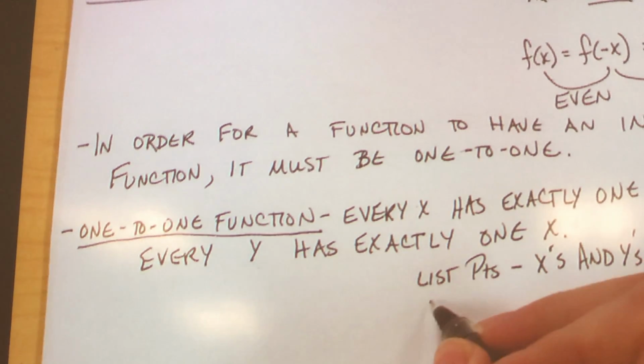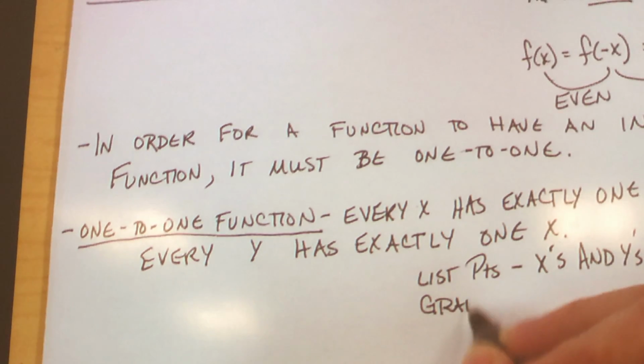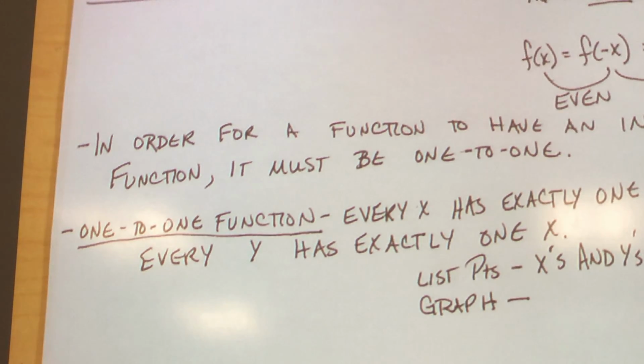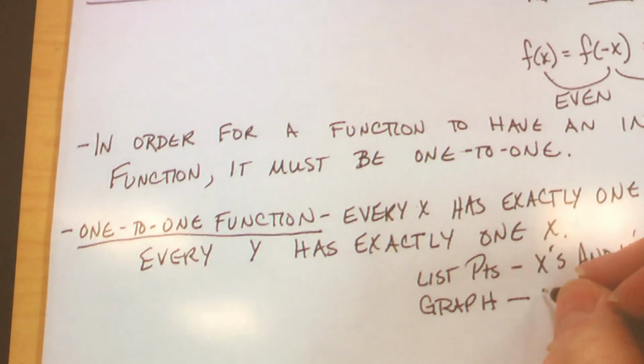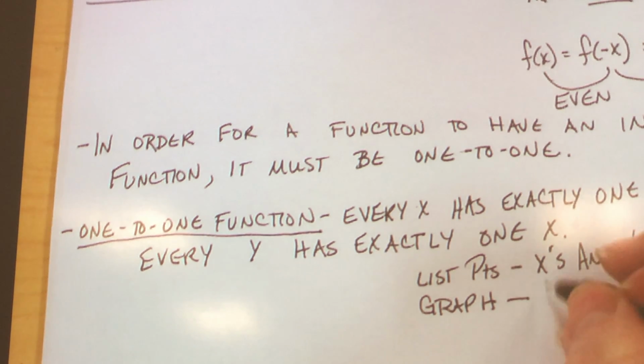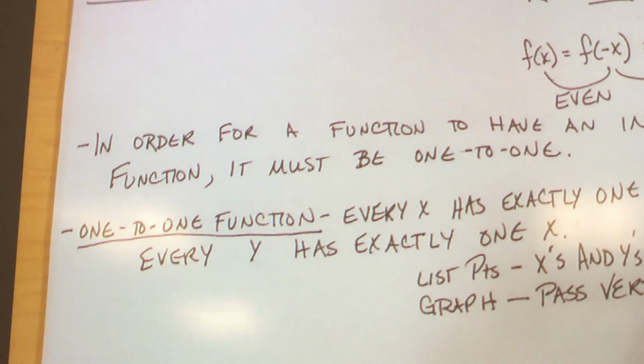Okay, what if I'm looking at a graph? Has to pass the vertical line test. Both vertical and horizontal. No, it has to pass the vertical and the horizontal line test.